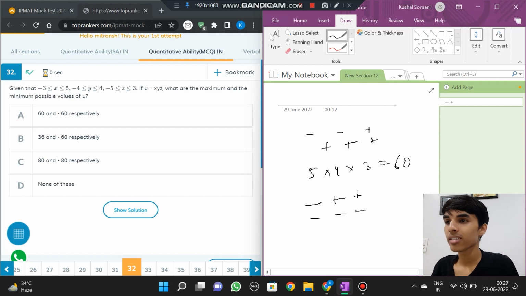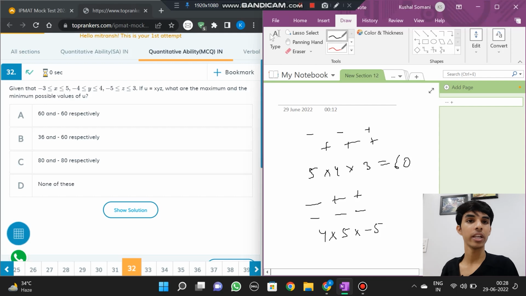For x and z, since we are allowed to take two positive values, we can take 4 from y, we can take 5 from x, and we can also take minus 5 from z. So we are taking extreme values of all three ranges and taking one negative number. So overall we get the highest possible multiple, and we are also getting the negative integer. So it is the minimum possible value, which is 5 into 5, 25, that is minus 100.